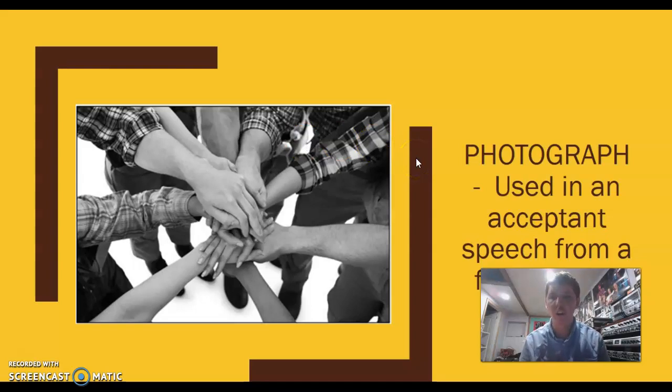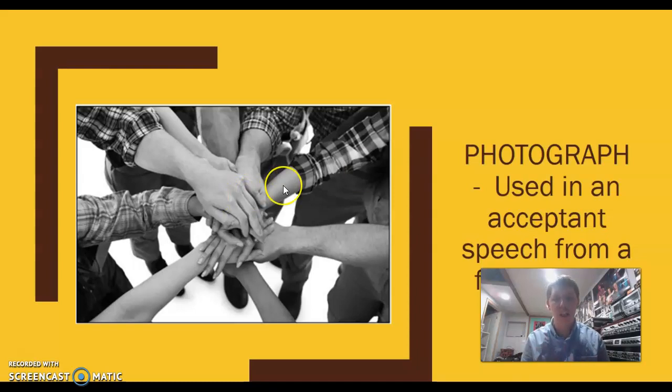Now I hope that you've all heard the saying, "It's time to roll up our sleeves," which basically means it's time to get things happening. So in this regard, we're looking at a group of people joining together and they're rolling up their sleeves, which means they're not afraid of hard work and getting the job done. But again, we need to link that back to the context. It's a man giving a speech, and it's a single man accepting it.